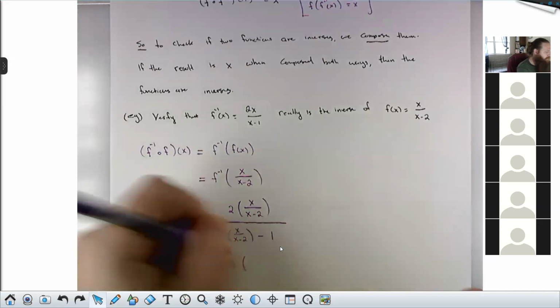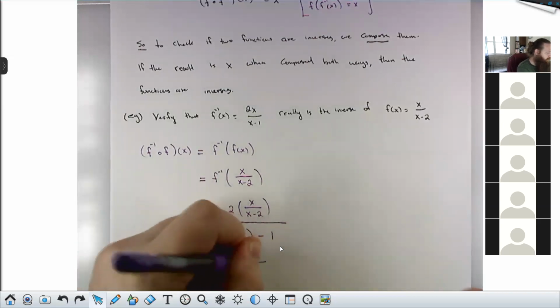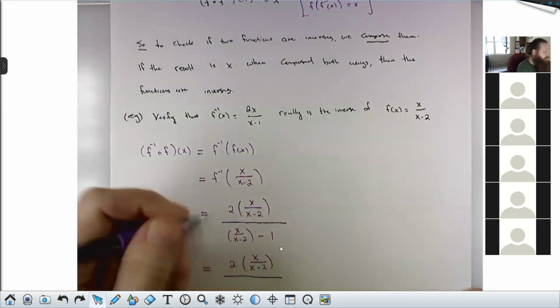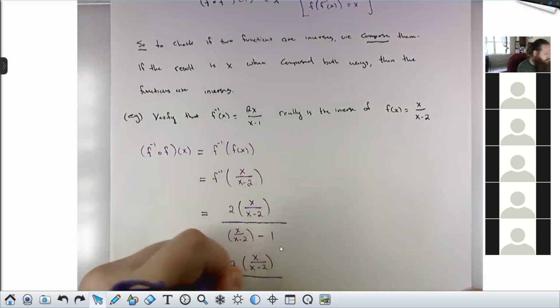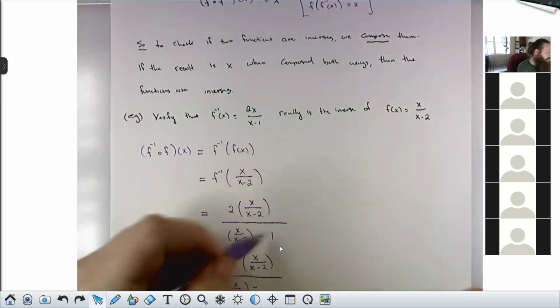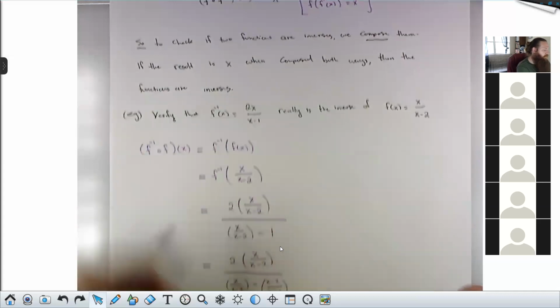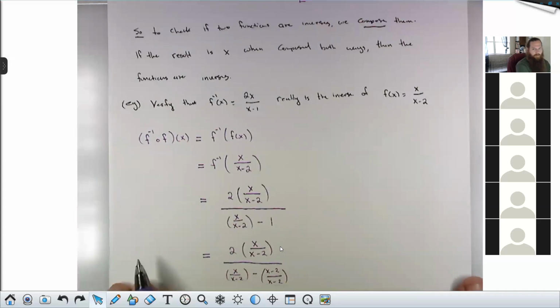The top I'll leave alone, 2 times x over x minus 2. Downstairs, I have x over x minus 2 minus 1, which I'll write as x minus 2 over x minus 2. And now the 2 pieces downstairs have the same denominator.